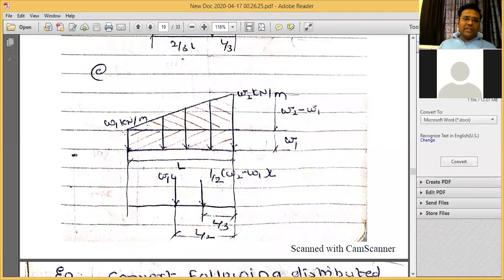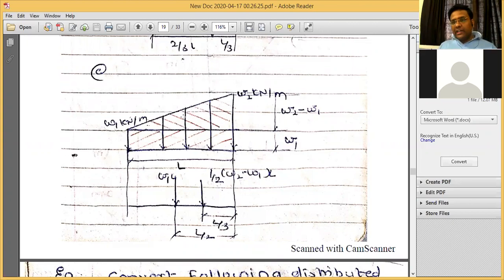The same concept applies here. If there is a combination of UDL and UVL, then you should divide this particular part into two. One will be the uniformly distributed load, a regular diagram, where you can calculate the area of the rectangle, and the second will be the area of the triangle, right? These two forces will act independently at their CGs, and their intensity will be the area of the respective figure.